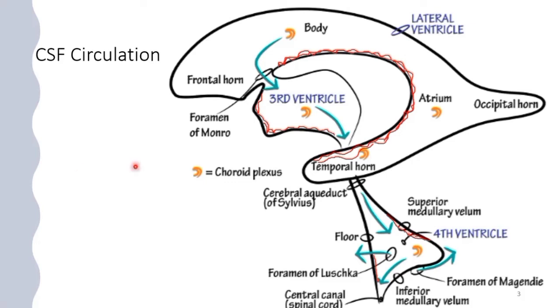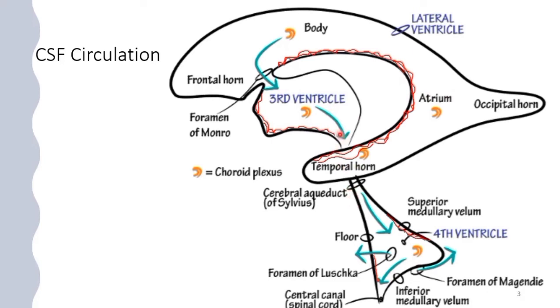This is the lateral ventricle. The lateral ventricle has a body, an antrum, and 3 horns: frontal horn, occipital horn, and temporal horn. In the lateral ventricle, the red line is the choroid plexus, from which the CSF is produced. Next is the foramen of Monro, the interventricular foramen, which connects the lateral ventricle to the third ventricle.